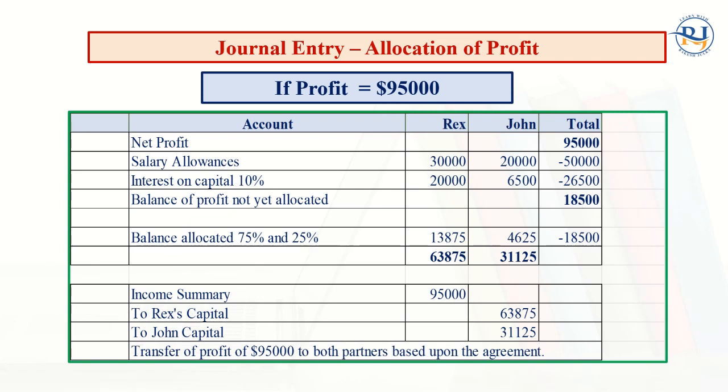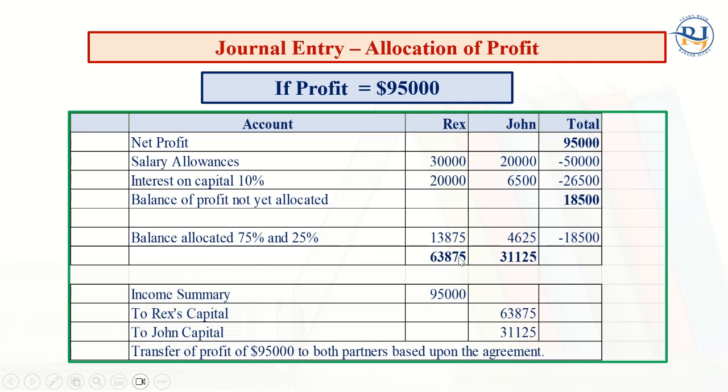So 18,500 will be distributed among Rex and John on the basis of the percentage they have decided. Rex is saying 75%, and John will receive 25% of this amount, 18,500. So this is 13,875 and 4,625. So what will Rex get in total? 30,000, 20,000 plus 13,875.